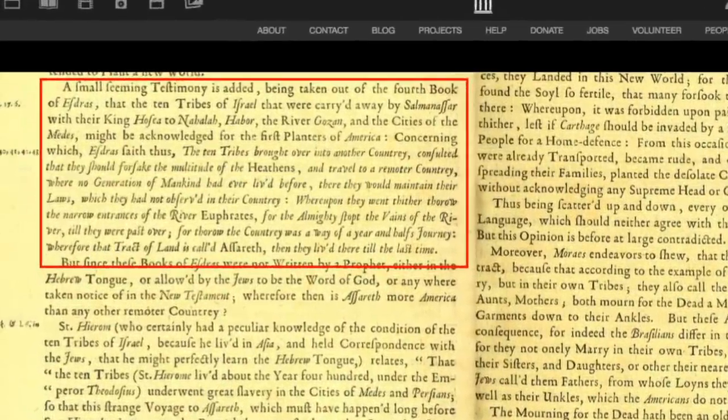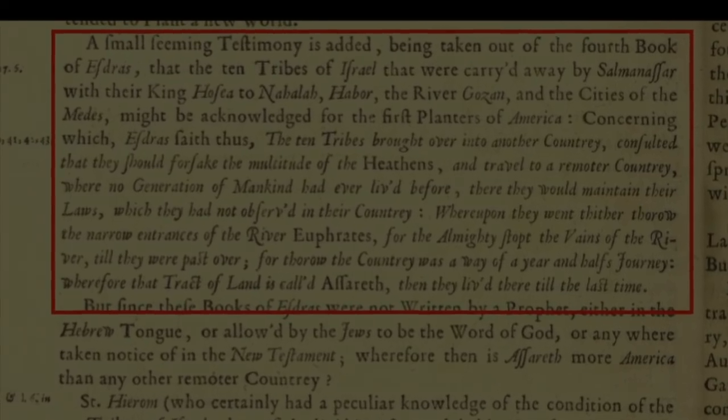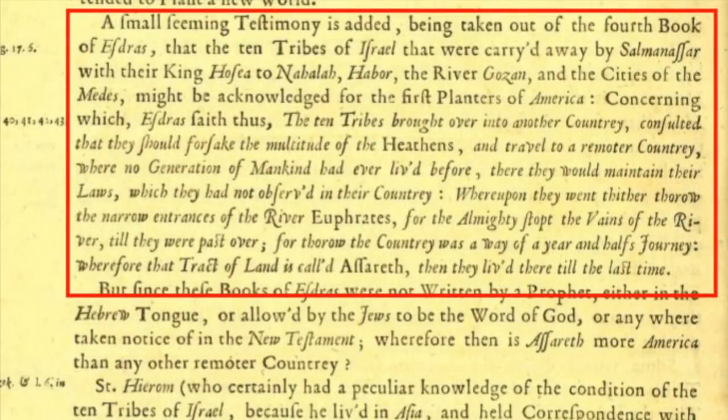And it reads, "A small seeming testimony is added, being taken out of the 4th book of Ezra, that the 10 tribes of Israel that were carried away by Salmanassar with their king Hosea to Halah, Habor, the river Gozan, and the cities of the Medes might be acknowledged for the first planters of America, concerning which Ezra says thus: the 10 tribes brought over into another country consulted that they should forsake the multitude of the heathens and travel to a remoter country where no generation of mankind had ever lived before.